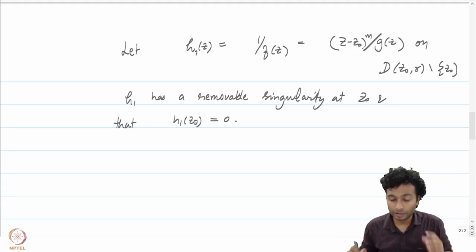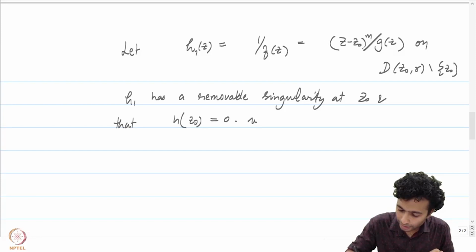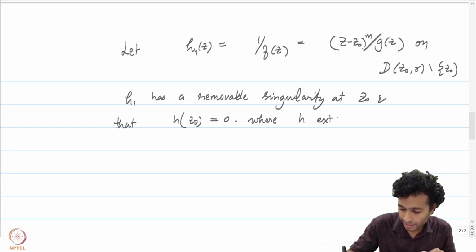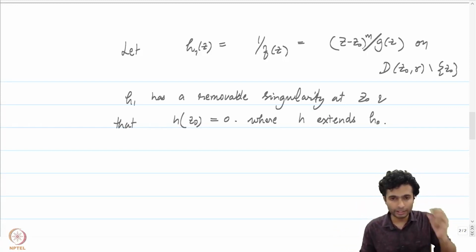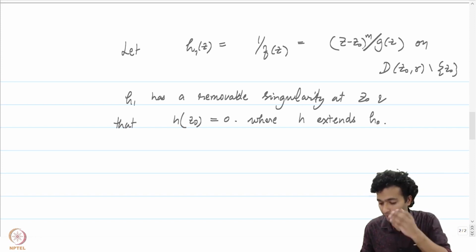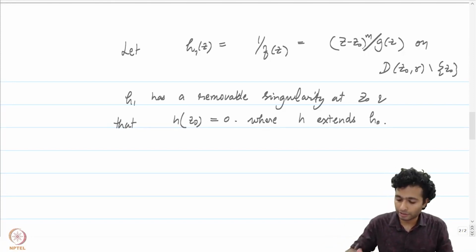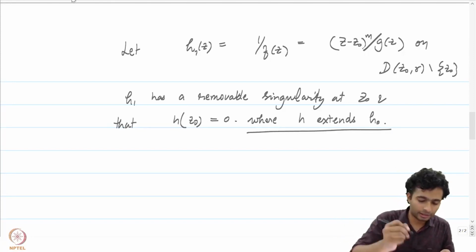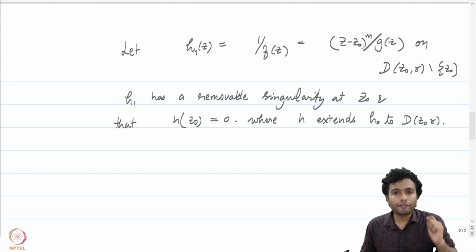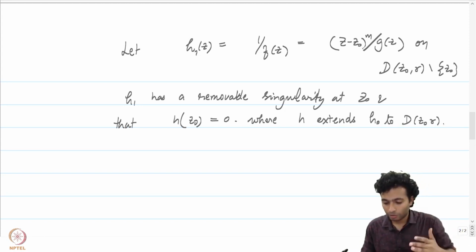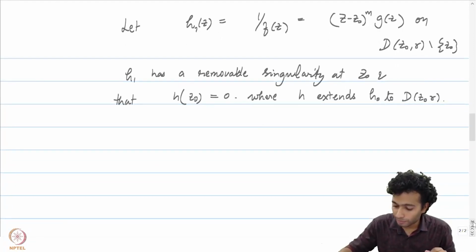Let me put it this way: h extends h1. If h1 has a removable singularity at z0, that means that in D(z0, r) there is a holomorphic function h such that h(z) is equal to h1(z) on D(z0, r) minus z0. So I have captured all that by saying h extends h1. So now we have a function h which is defined and holomorphic on D(z0, r) and which maps z0 to 0. Now again, let me use the open mapping theorem.